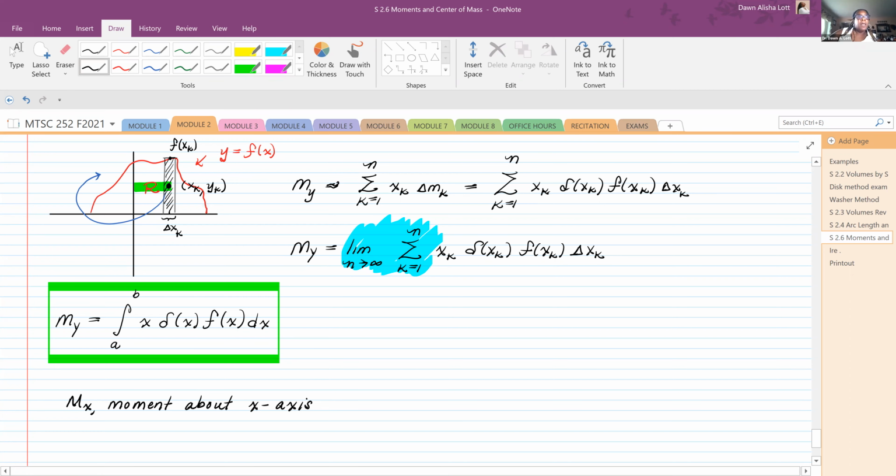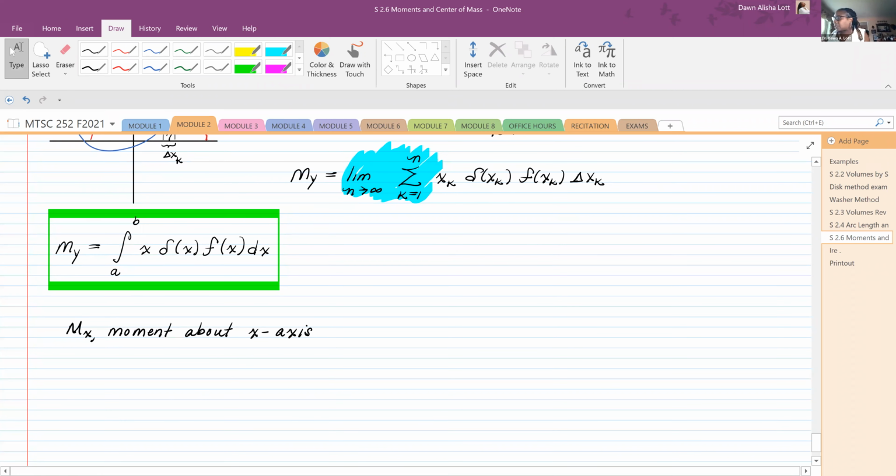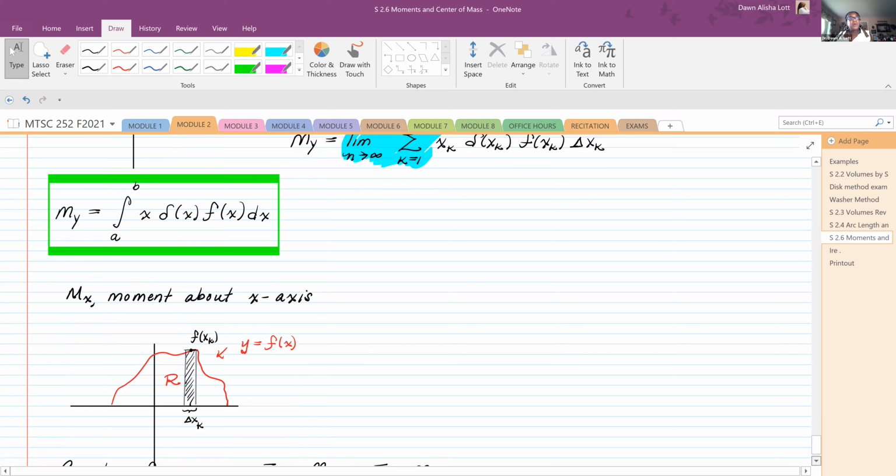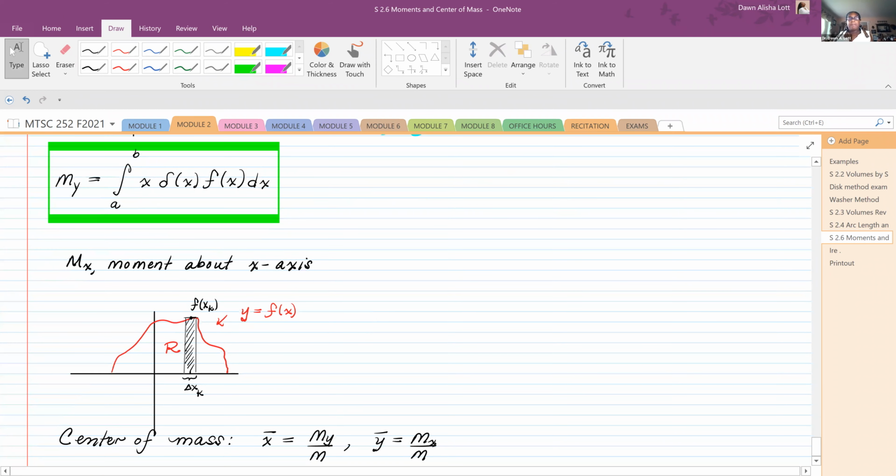Okay, so the moment about the x-axis, same picture. Okay, so I got my picture back. So now the question is, where is the mass? I already know that no matter what I do, the mass is in that strip, and it's always a distance of x from the y-axis.